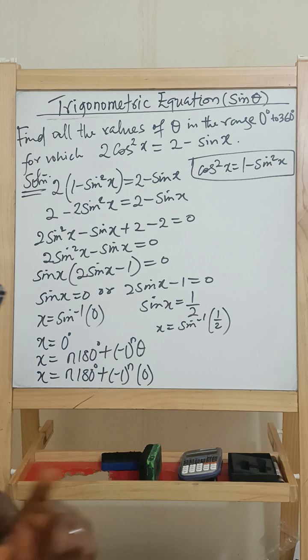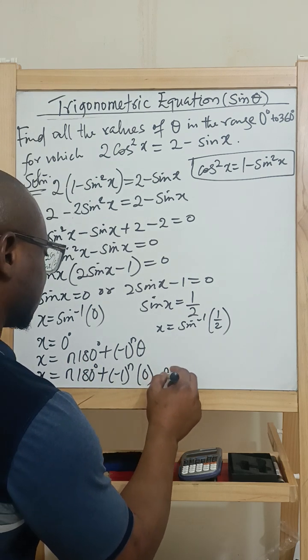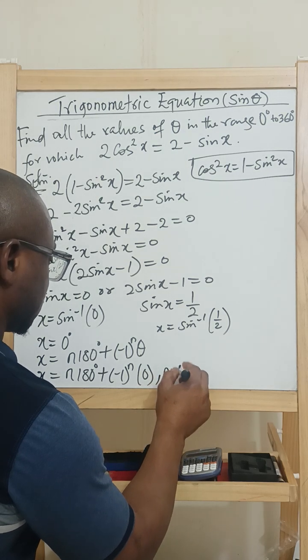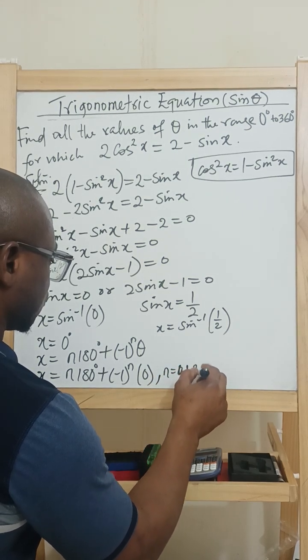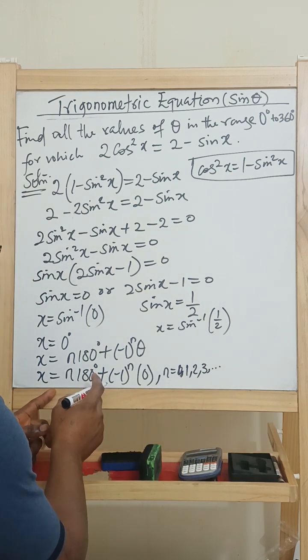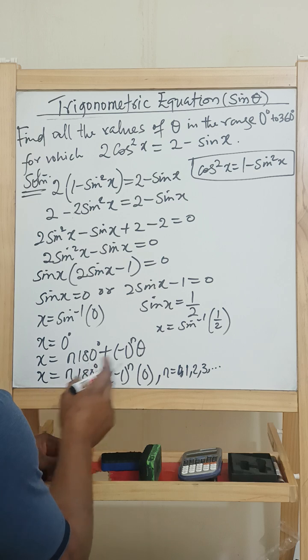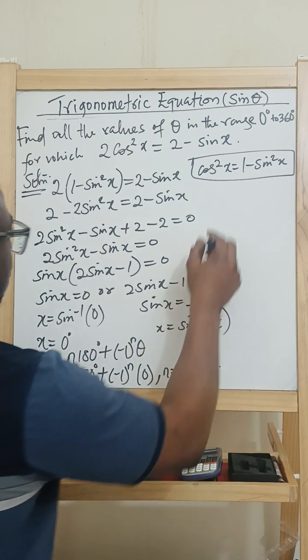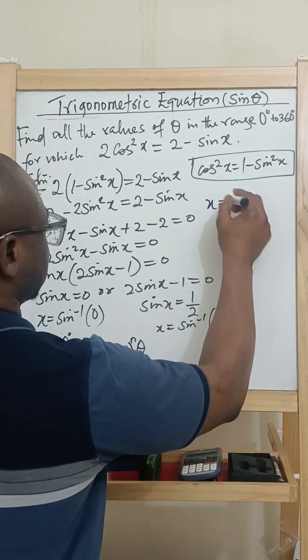So that's it for this one. For the general solution, n is 0, 1, 2, 3, and it continues like that. What are the values we are going to get? For n equals 0, everything will be 0, so x will be 0.